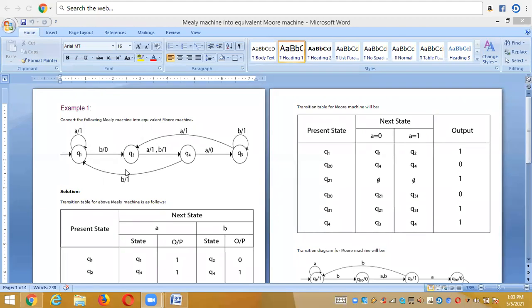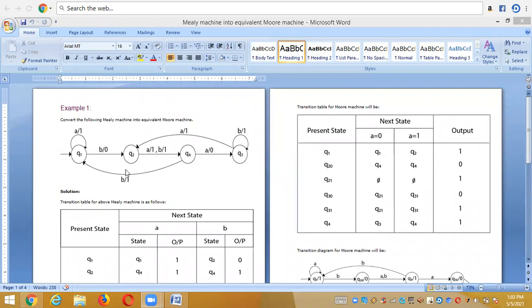Just with the calculation of the extended output function, we did the conversion from Moore to Mealy. And in the concept of Mealy to Moore, it is also very easy, because there is no calculation of the extended output functions. Just from the table of the machine, we have a procedure.